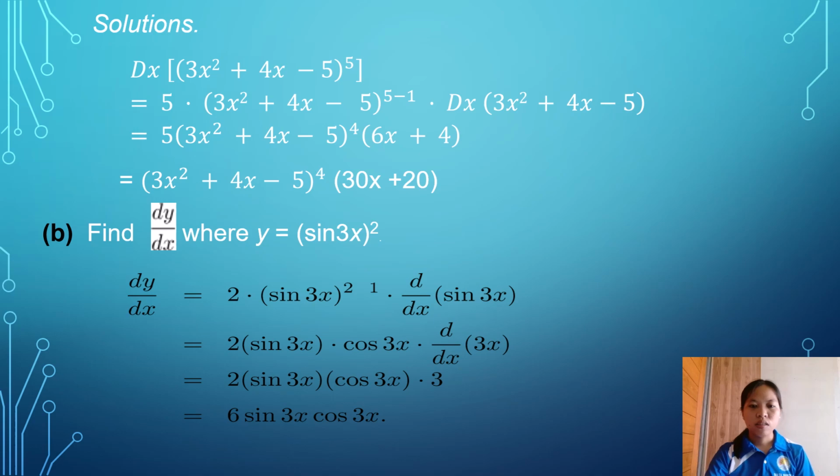Then let's simplify. 2 sine 3x to the power of 1. Times, what is the derivative of sine 3x? We have cosine 3x times the derivative of 3x, which is 3. So, 2 times sine 3x multiplied by cosine 3x times 3. And that gives us 6 sine 3x times cosine 3x.